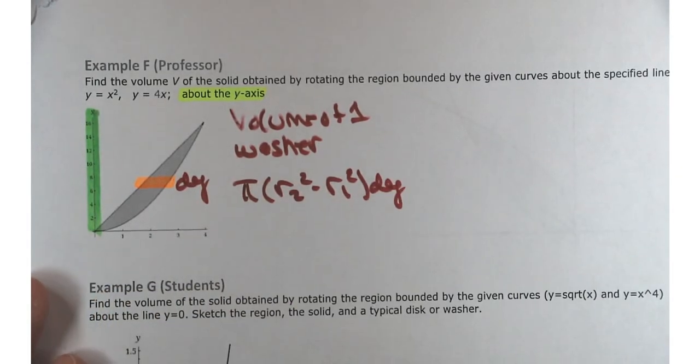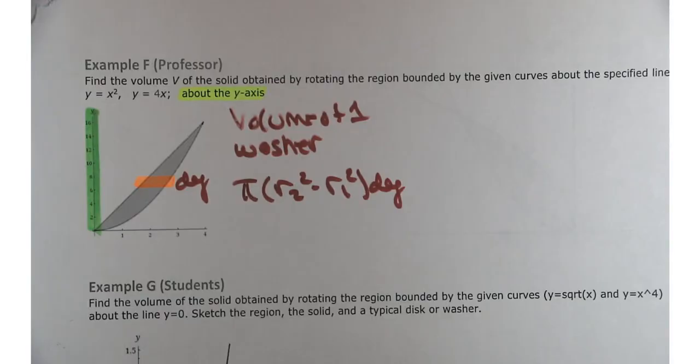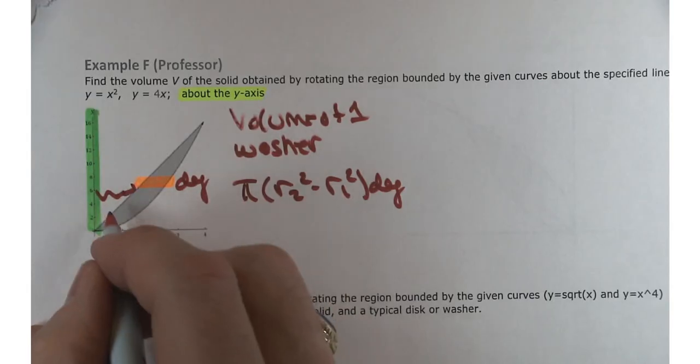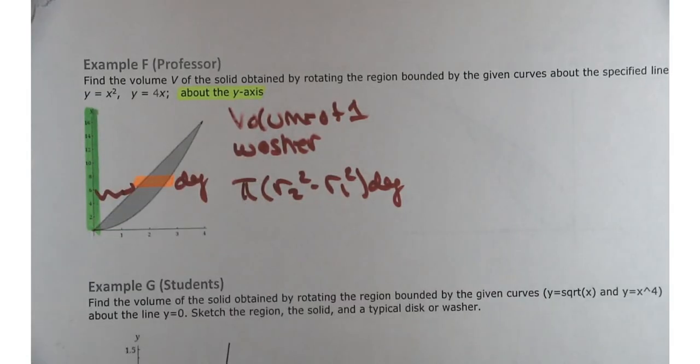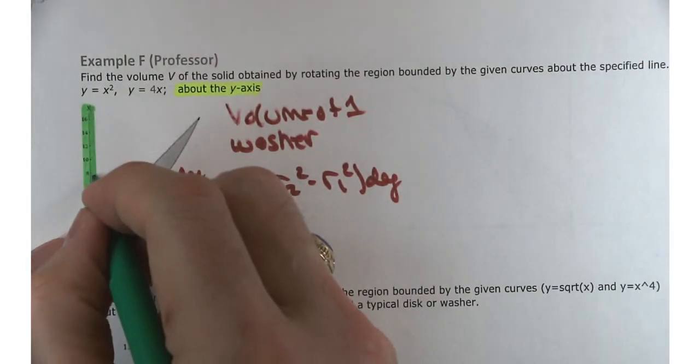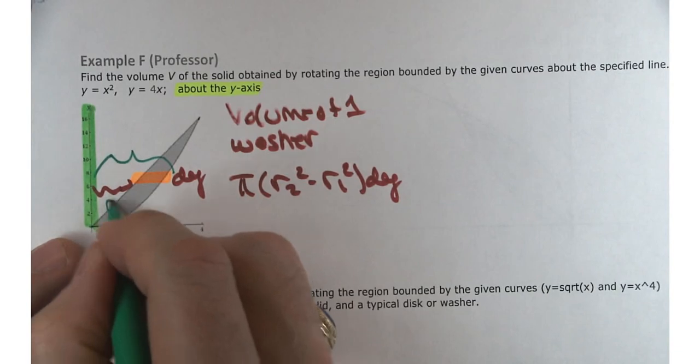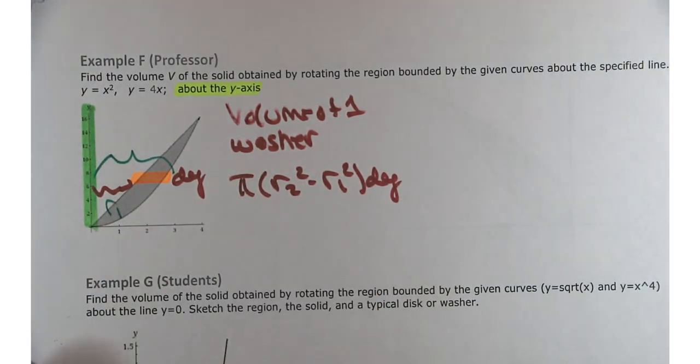You're correct there, perpendicular to the axis of rotation. This is going to be our two radii, this one and this one. The inner one's going to be our R1, the outer one's going to be our R2.